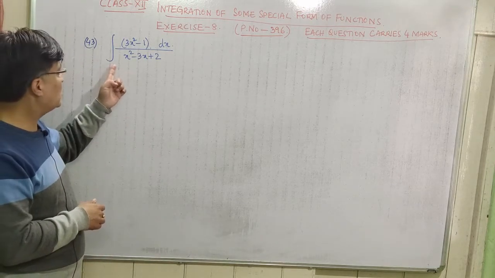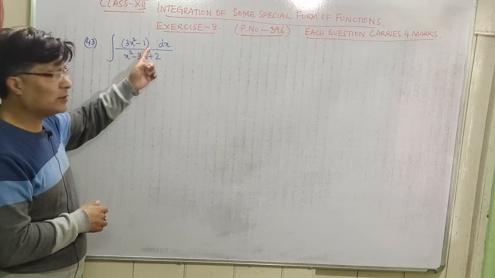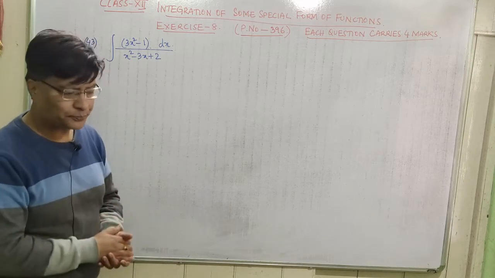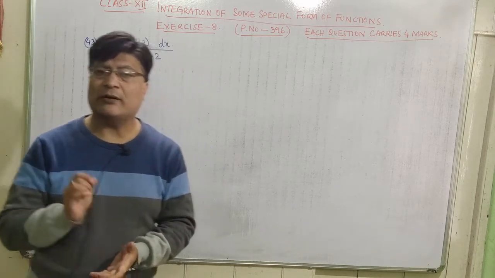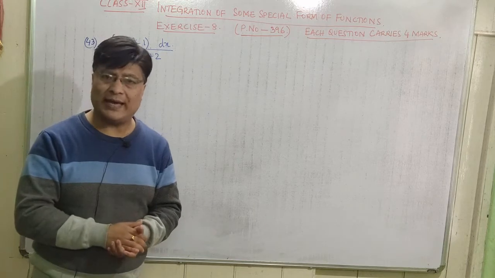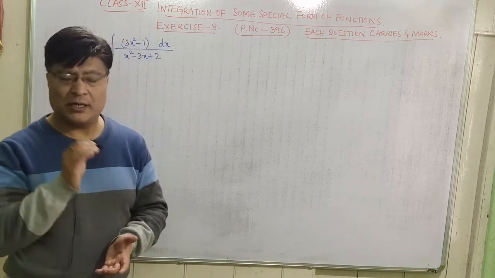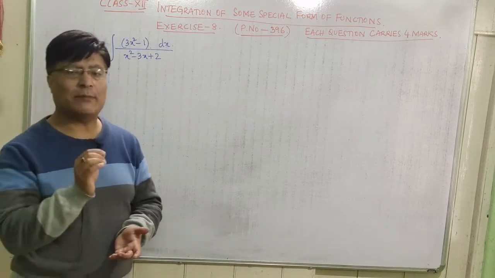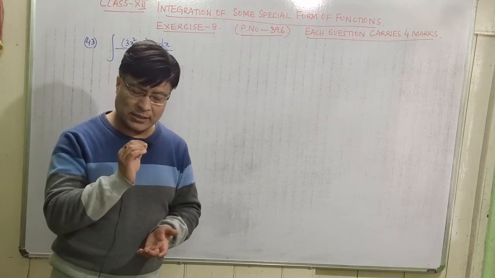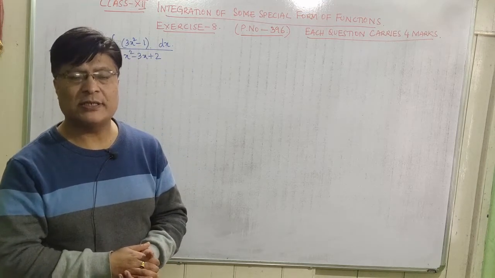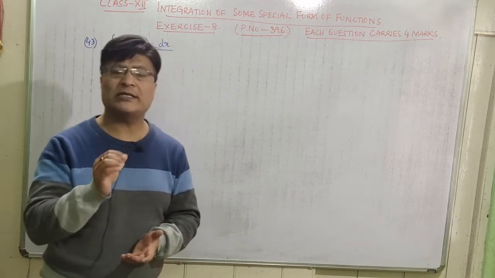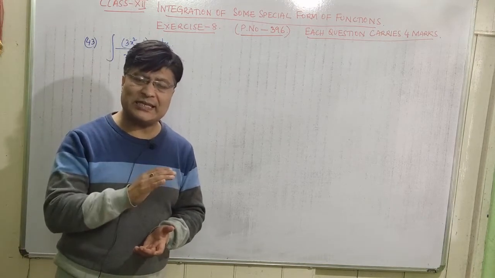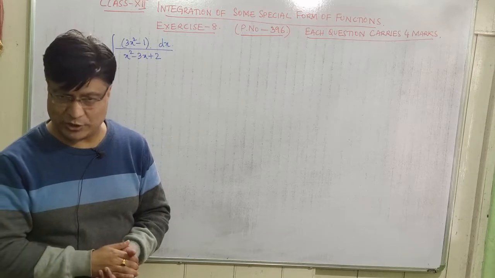You have to integrate the integral of (3x square minus 1) dx divided by x square minus 3x plus 2. In the previous class I already told you that if the highest power of x in the numerator is less than the highest power of x in the denominator, then you can easily convert that fraction into partial fraction.